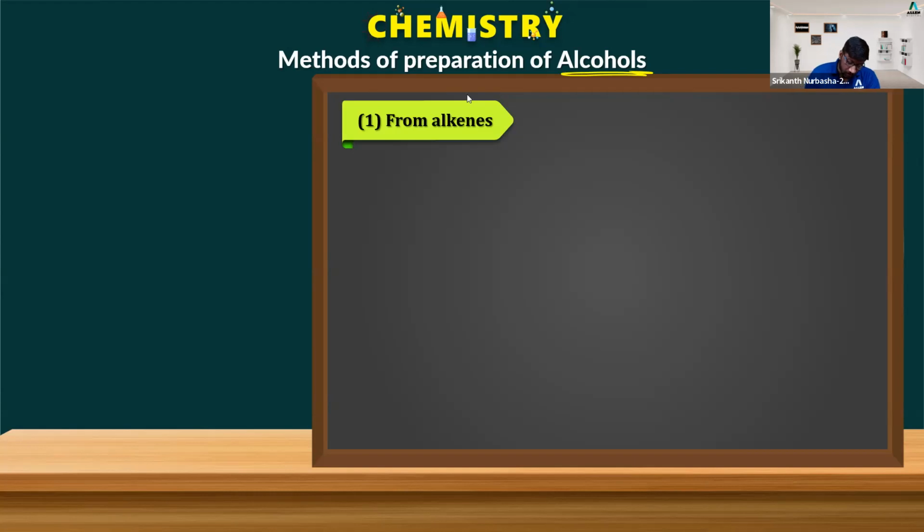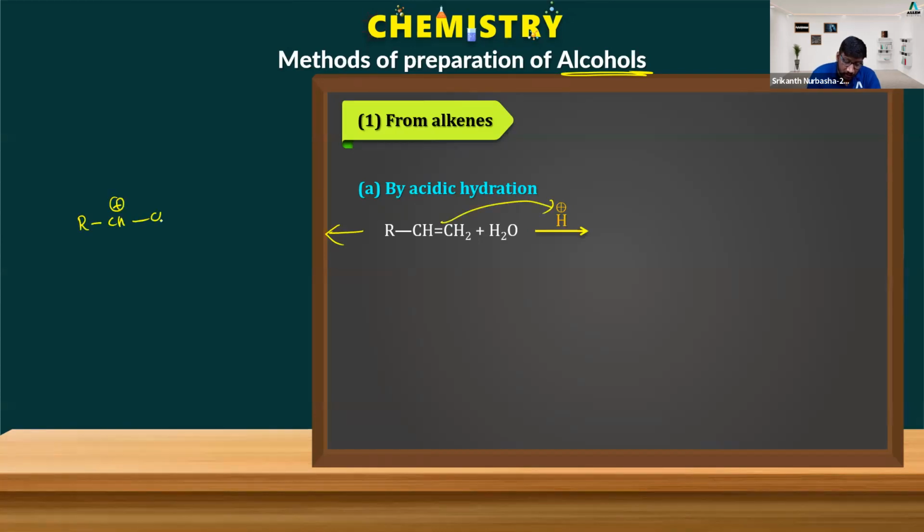Very good. Addition of water occurs in acid medium to increase the attack of pi electron density of the alkene, because H2O is a weak nucleophile. So addition of water proceeds through a carbocation intermediate. Pi electron density attacks H+, and you generate RCH+CH3.